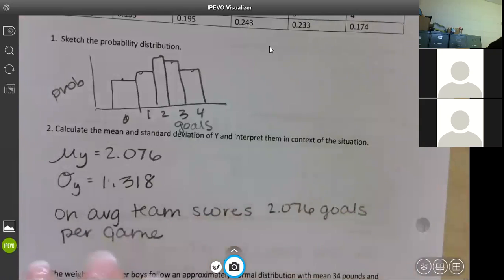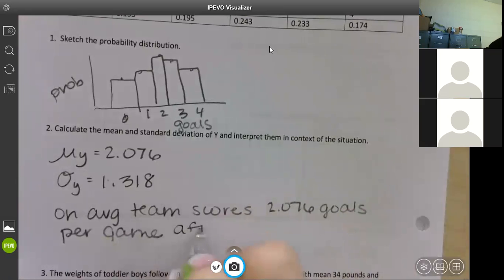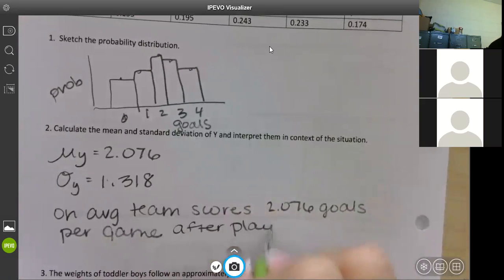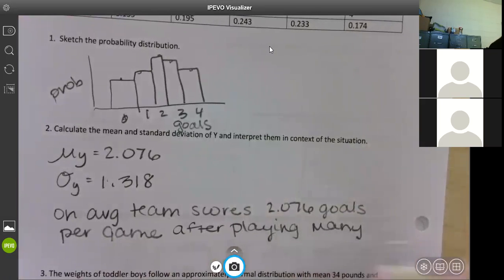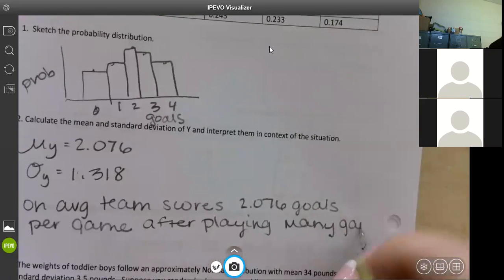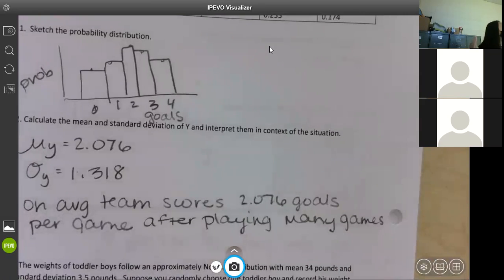But here, on average, the team scores 2.076 goals per game after playing many games. So remember that. Probability is an overall or a long run average. Do you have to put randomly selected in this one? You can, it's not anything. We're not selecting anything on this one, so I wouldn't.